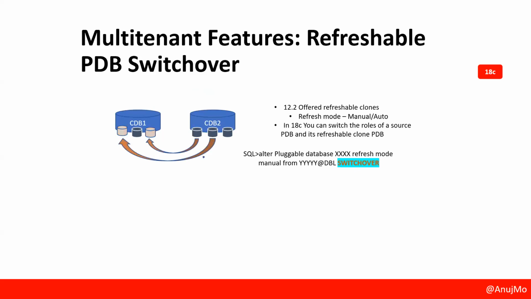You can actually turn the direction. The way you do it: alter pluggable database, refresh mode manual from this database link, switch over. We had one PDB getting refreshed this side. Now we moved everything this side because we found that CDB1 was getting overloaded. So we move all these refresh copies this side and maybe point some reporting this side. The use case could be anything, but this is the feature. You can actually switch over the refreshes.